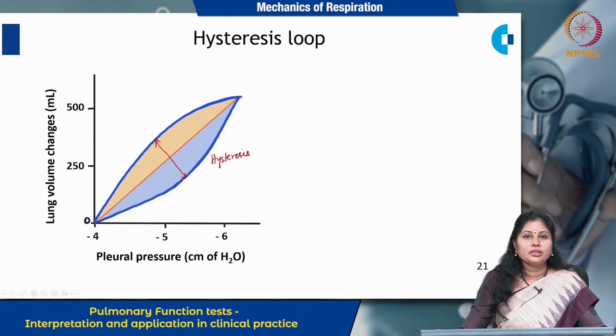Then we saw the concept of compliance and elastance, wherein we measured the pressure and the volume and plotted them. During inspiration, it required more pressure to increase the volume inside the lungs, whereas during deflation, it required less pressure. So the concept of hysteresis evolved, that is, the lagging behind of inspiratory compliance and expiratory compliance was discussed.